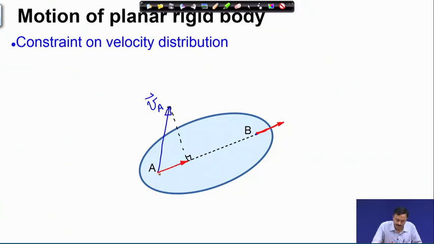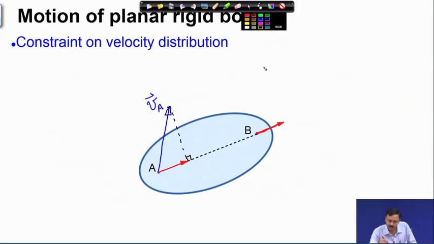Therefore, if A has a velocity of this red vector along AB, then B must also have this same vector along AB. So, what can be the velocity vector at B? Whatever be the velocity at B, its projection along AB must be this red vector.